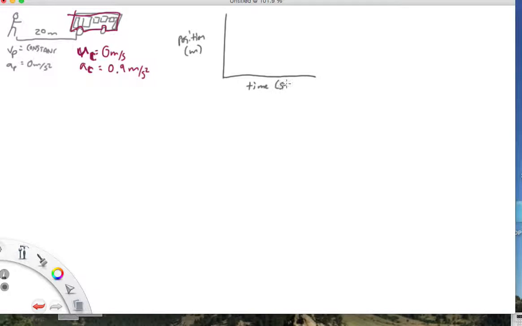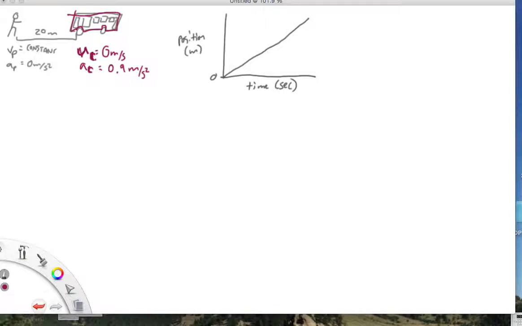The person has a constant velocity. I don't know what it is, but it's going to be a straight line on a position versus time graph. Let's say they start off at 0, that's our origin, and they just run with a constant velocity. It's a straight line.